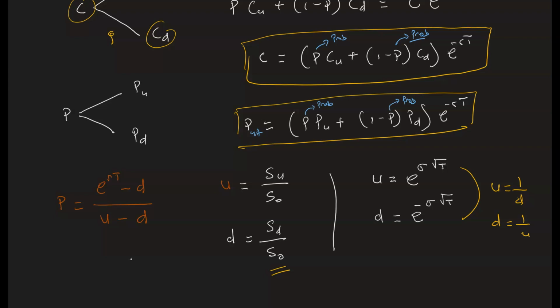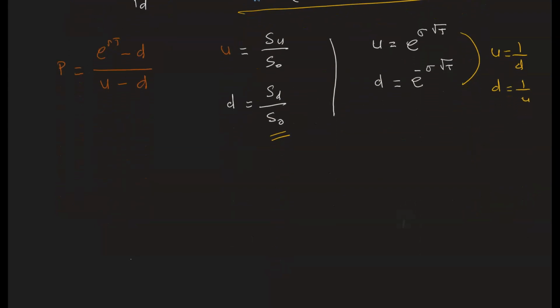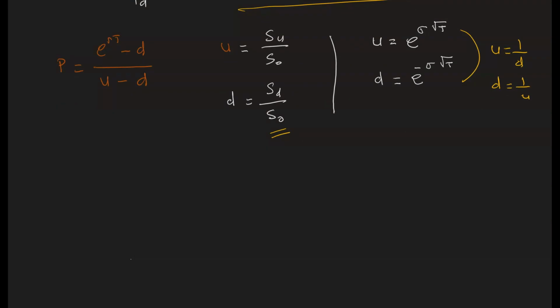And so let's do the same thing for our example here. In the example that we had with the call, remember we had S0, which was 20, S up, which was 22, S down, which was 18, and we had the strike price, which was 21. We had an interest rate of 12%, and T was 3 months, so 1/4.